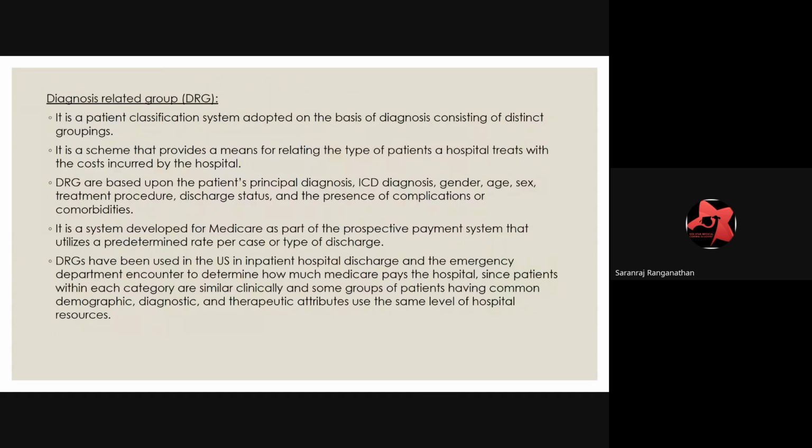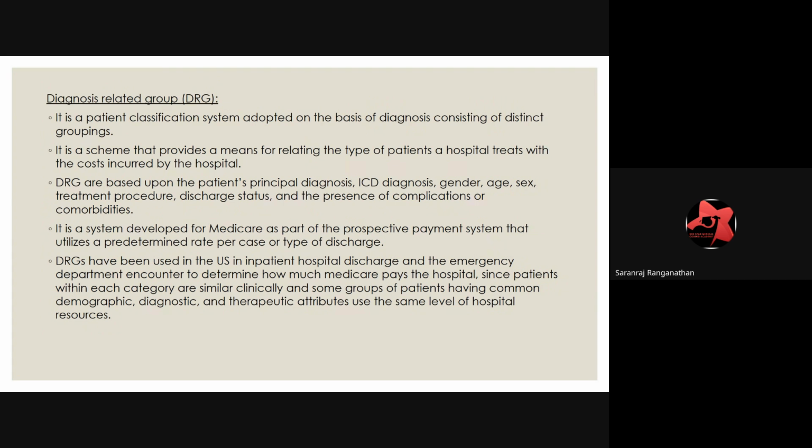Then Diagnosis Related Group, which means DRG. It is a patient classification system adapted on the basis of the diagnosis, consisting of distinct groups. So based on the diagnosis, that service will be provided. That is a DRG. It is a scheme that provides a means for relating the type of patients a hospital treats to the cost incurred by the hospital.